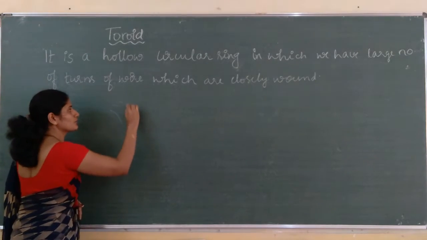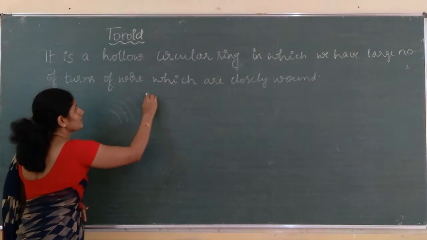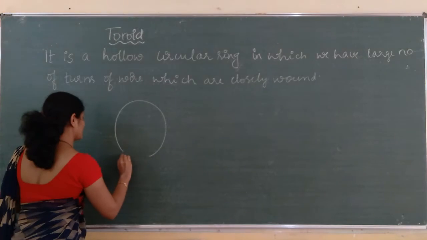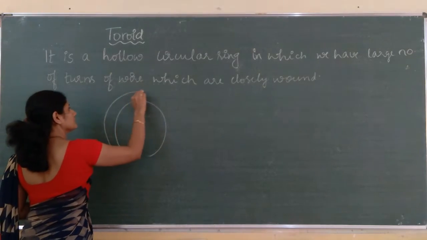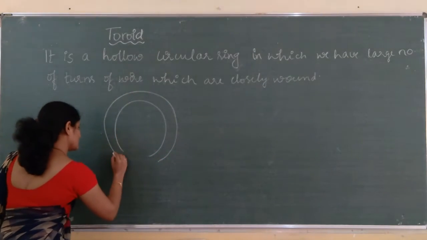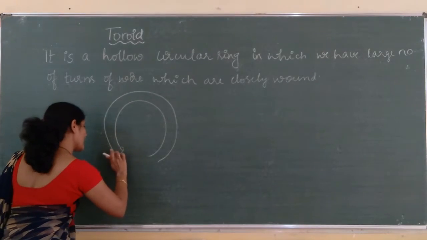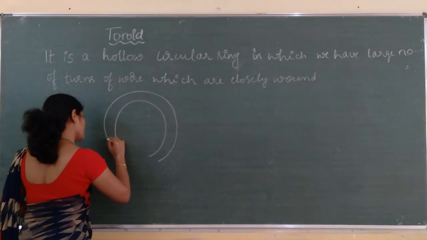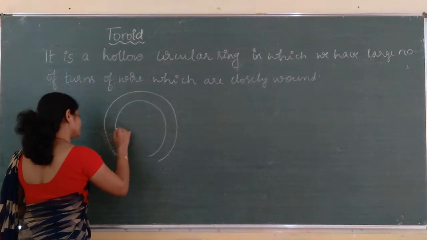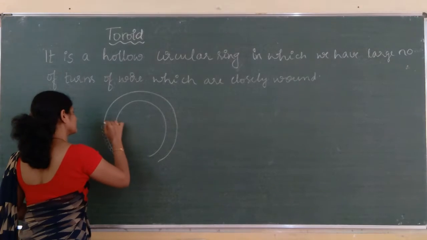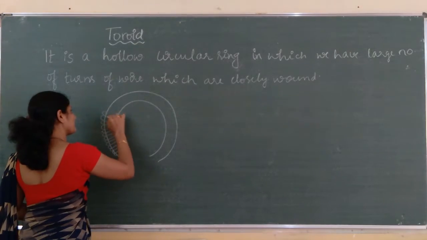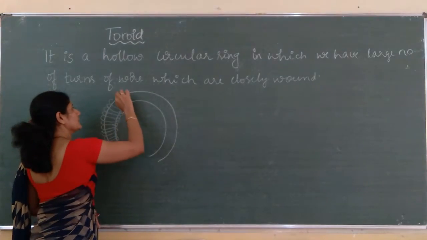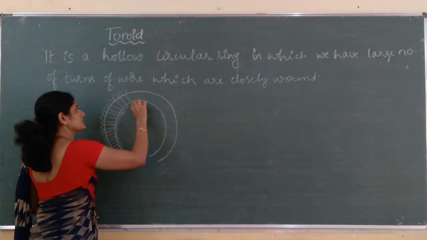So, we have number of turns in case of a toroid. Like this we have large number of turns.